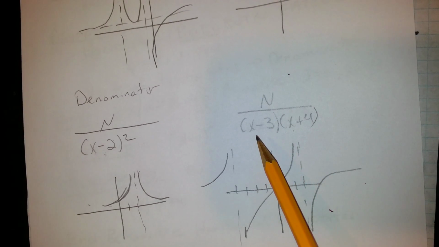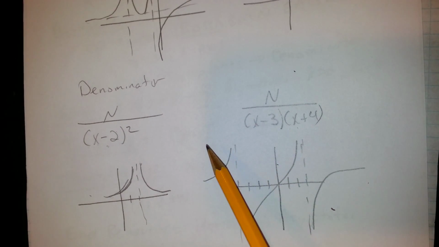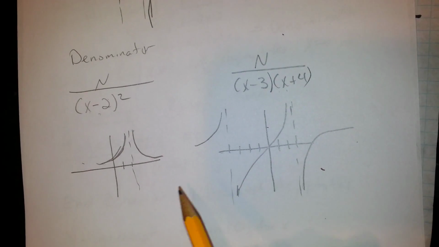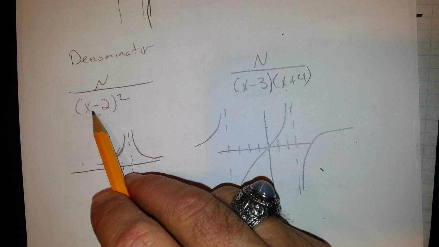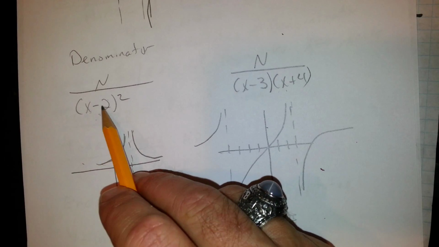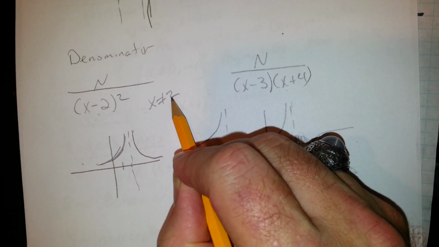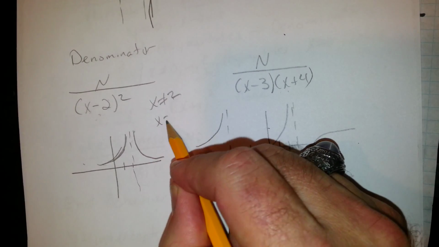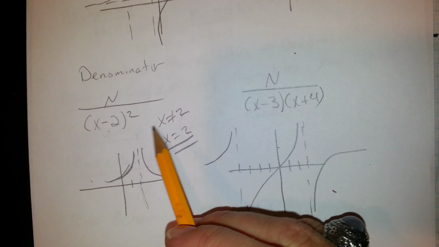Let's say nothing's removable. I don't have any removable discontinuities, so here I'll have an asymptote at 2. 2 minus 2 is 0, so my domain says x can't be 2, so my vertical asymptote is x equals 2. So here's my vertical asymptote.